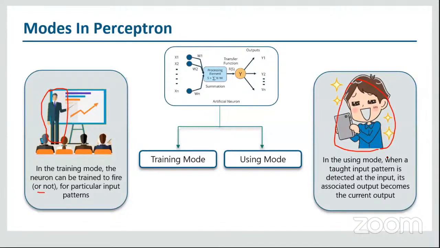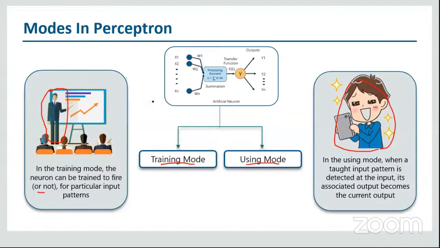But over a period of time, you get trained in such a way that these are some distinctive features you should look for before categorizing a person as a male or a female. The same thing happens here in your training and using mode, right? That is the way it can make things really interesting.